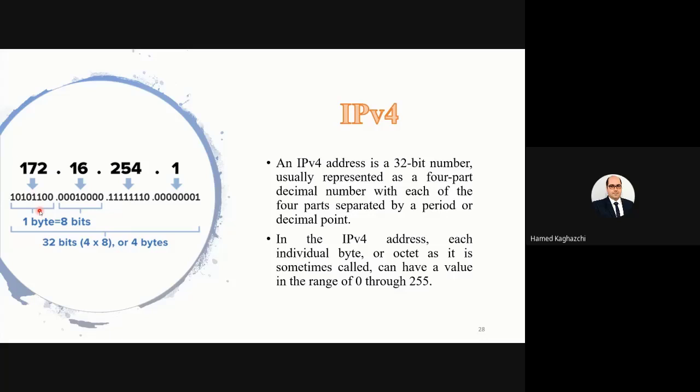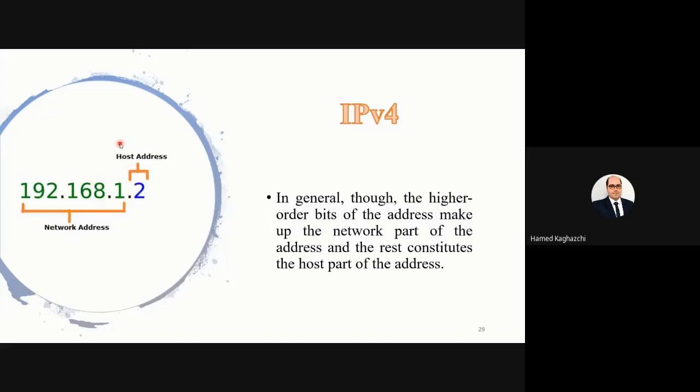Each decimal value is in the range of 0 up to 255 because I have 8 bits. It means that I can have 256 different numbers. So at each part I can use a number between 0 up to 255.